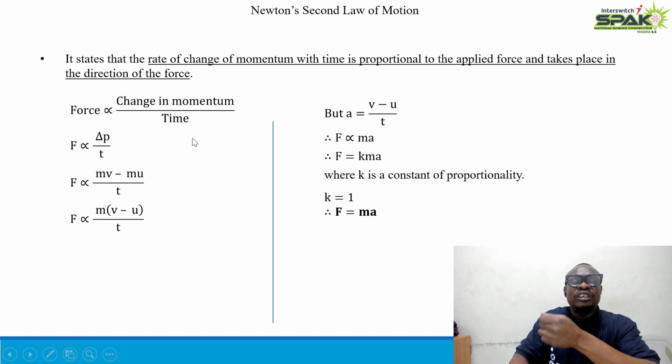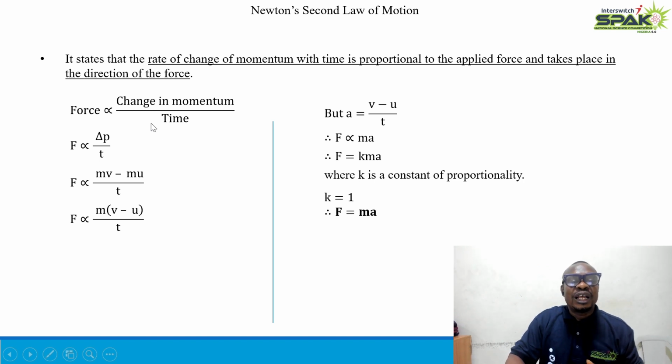Since momentum is the product of mass and velocity, my initial momentum will be mass times the initial velocity, while the final momentum would be mass times the final velocity. So the change in momentum is the final momentum minus the initial momentum: mv minus mu, all over time.